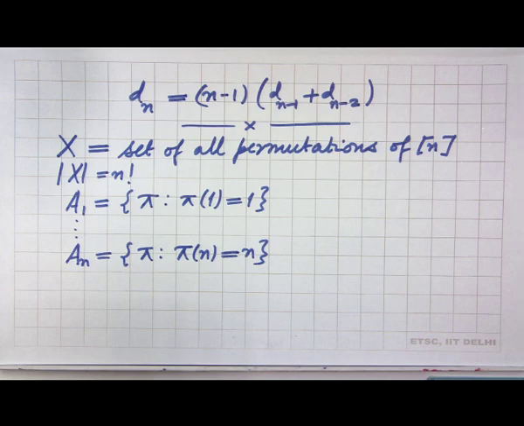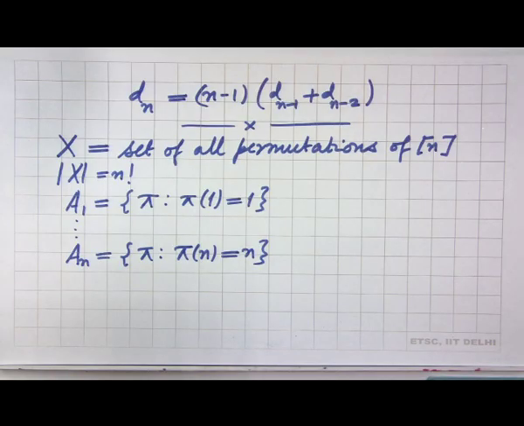Before we jump into the problem of counting what these sets are, what the size is, and so on and so forth, let's make sure that we are, in fact, going to be counting dn from the left-hand side of PIE. So what is the left-hand side of PIE? The left-hand side of PIE is going to include exactly those elements in X, permutations, that are in none of the sets A1 to AN. Now, what does it mean to say it's not in A1?